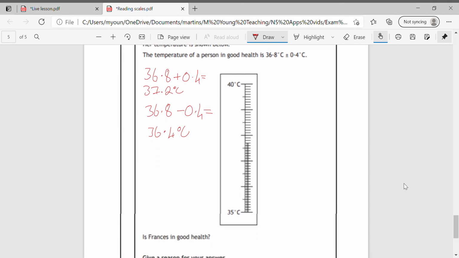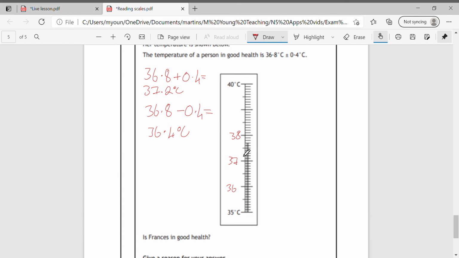So let's see what the temperature is. If we take a look, we are making a jump of 5 in 1, 2, 3, 4, 5 of those big jumps. So each of those lines must be worth 1. So that would be 36, that would be 37, that would be 38, and so on. So this temperature here is obviously somewhere in between 37 and 38.